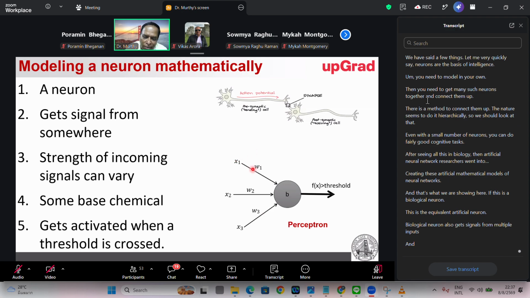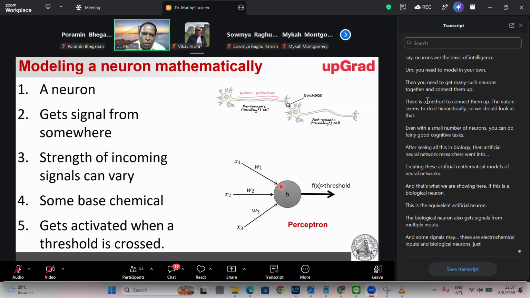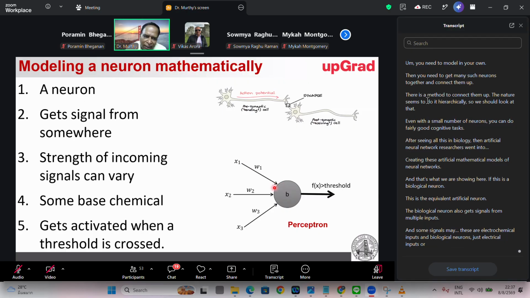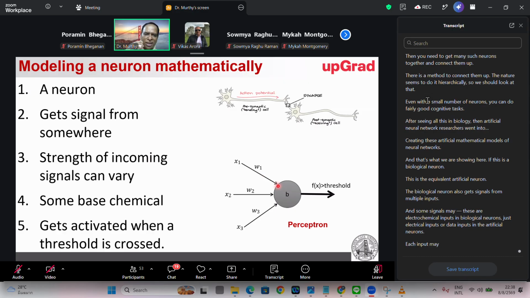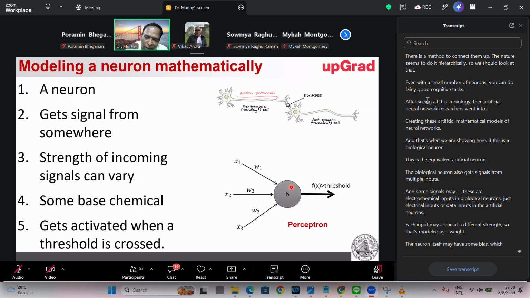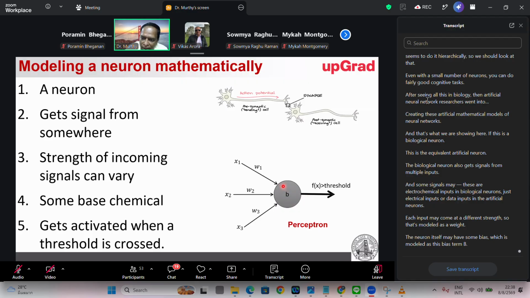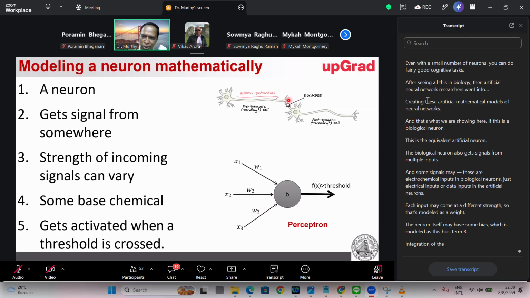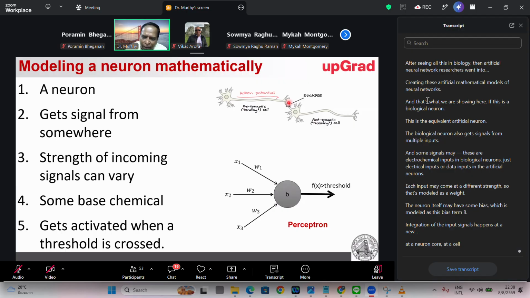These are electrochemical inputs in biological neurons, and just electrical or data inputs in artificial neurons. Each input may come at a different strength, so that's modeled as a weight. The neuron itself may have some bias, which is modeled as this bias term B. Integration of the input signals happens in the cell. That is the same thing that happens here.